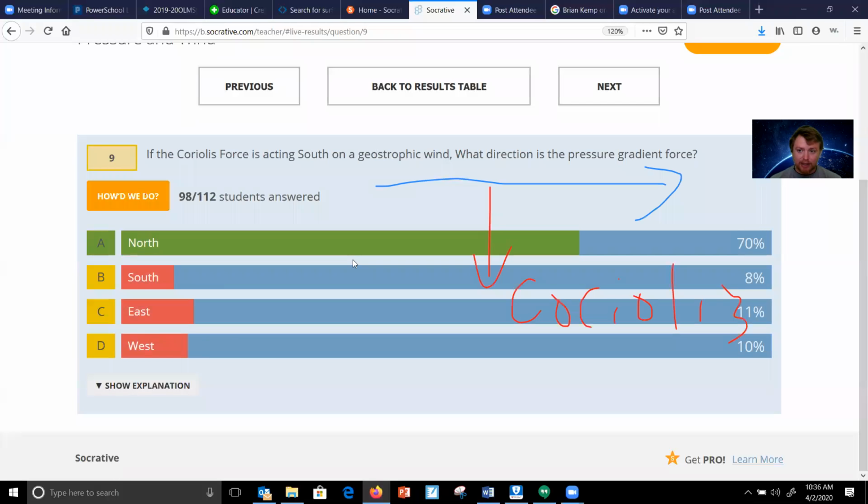It also means that the pressure gradient force is going to be acting opposite that because they're already in balance. So the pressure gradient force would have to be facing north. This is a very hard thing to try and do if you're not drawing something out. It's very hard to just visualize all this going on, yet at the same time, if you do start drawing these things out, it gets a lot easier.